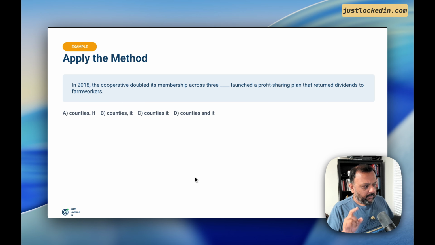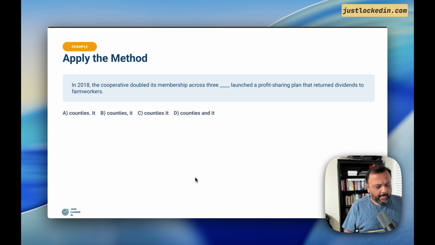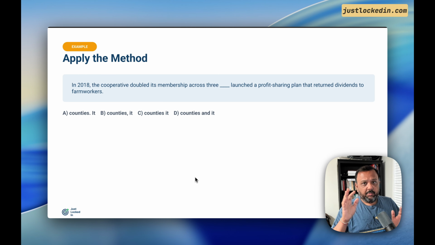Trust me on this: connecting independent clauses, if you practice enough, and you can go to Just Locked In and practice this, and I'll tell you how. If you get this right, this is an easy 30 to 40 points potentially, or maybe even 50 points on the real test. You are certainly going to get 2 or 3 questions, or maybe even more, between module 1 and module 2.